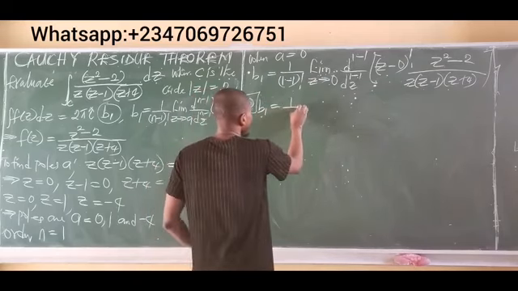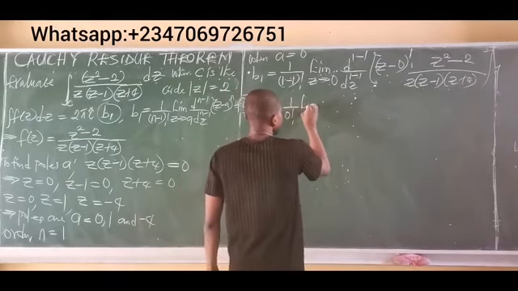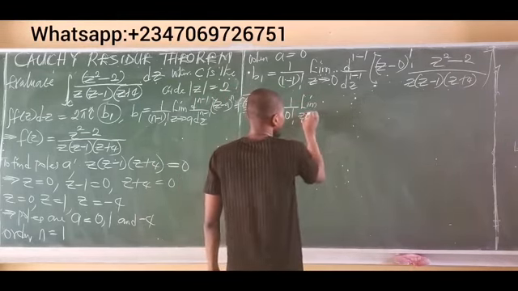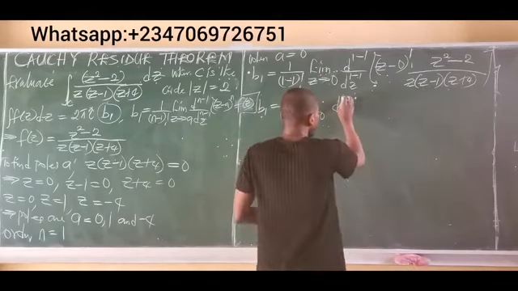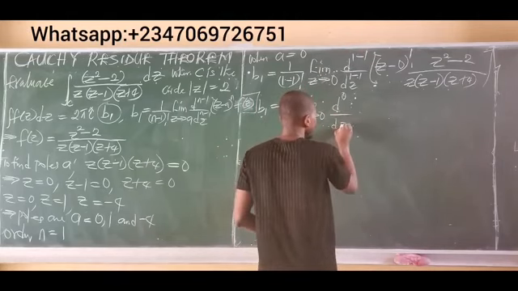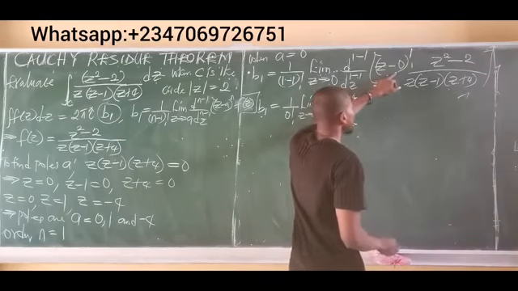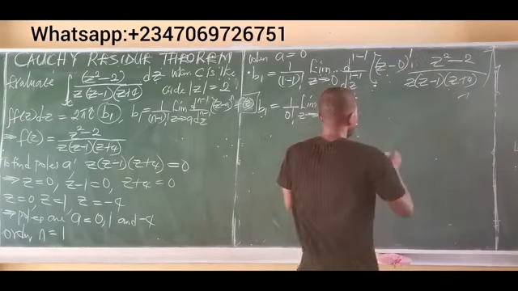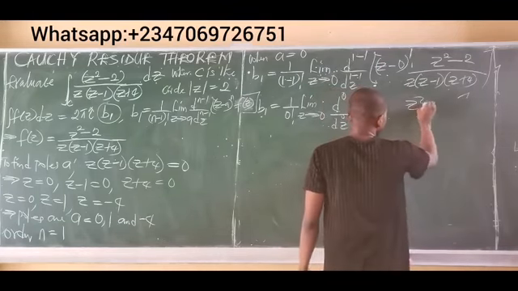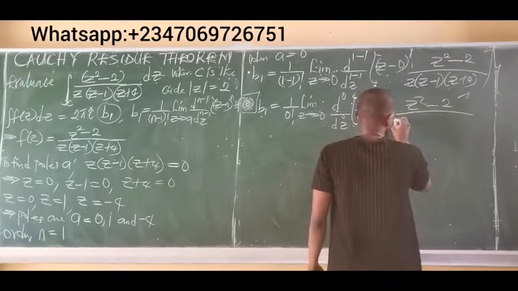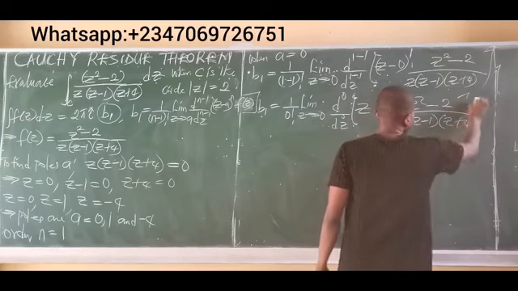Okay, so b1 is equal to 1 over (1 minus 1), which is 0 factorial, limit as z tends to 0 of d^0 over dz^0, into (z minus 0), which is z to the power of 1, remains z, times your function, z squared minus 2 over z times (z minus 1) times (z plus 4).